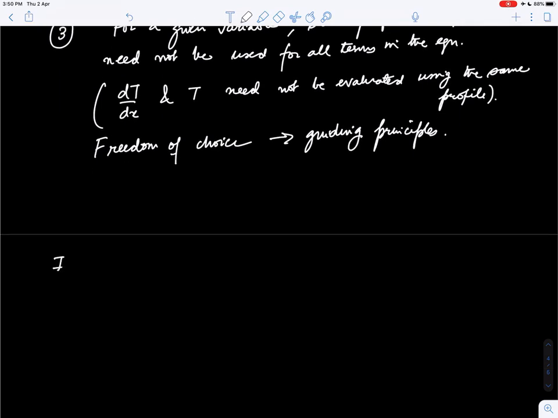So the first guiding principle is about obtaining realistic solutions, so realistic behavior, and also achieving overall balance.